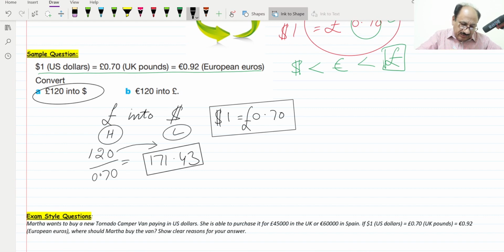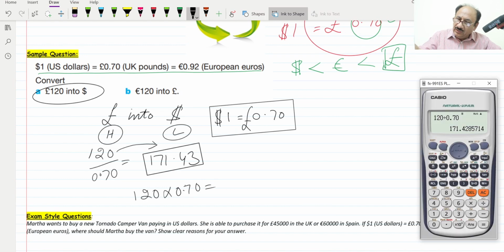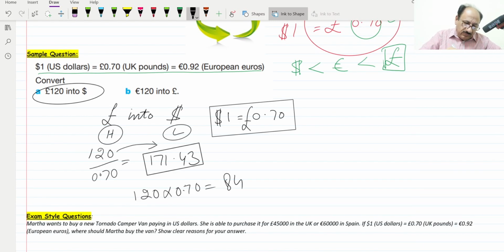By mistake, if we multiply it with 0.70, what will be the situation? We can check from here. If instead of division we multiply by 0.70, we will get the answer as 84. Which is illogical, 84 is less than 120.